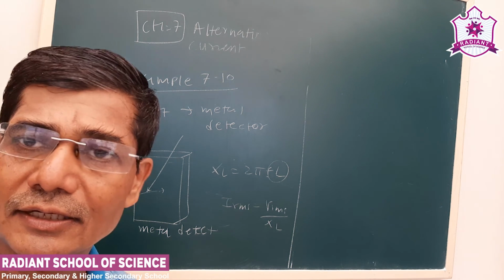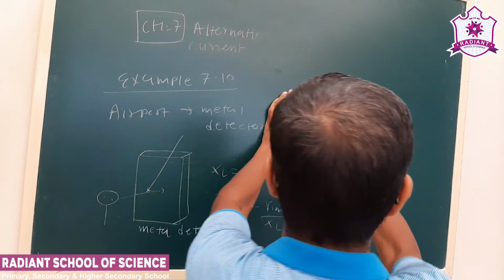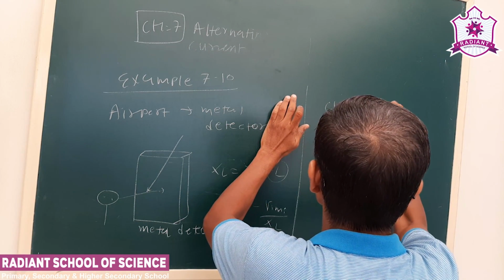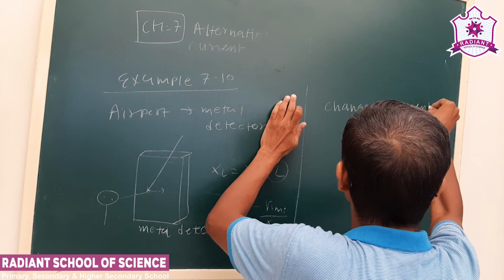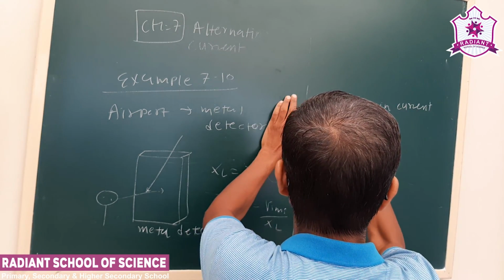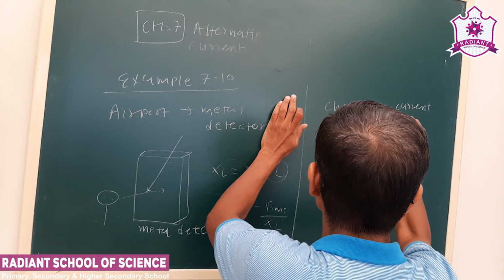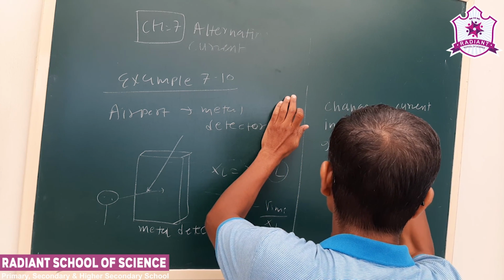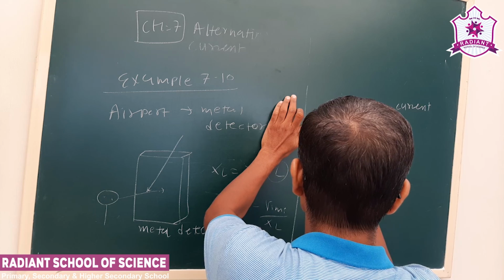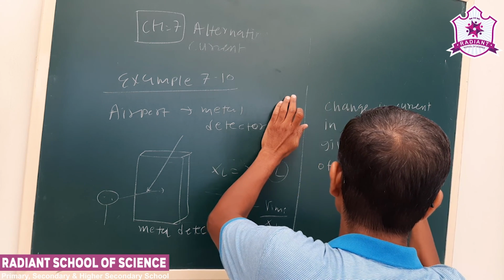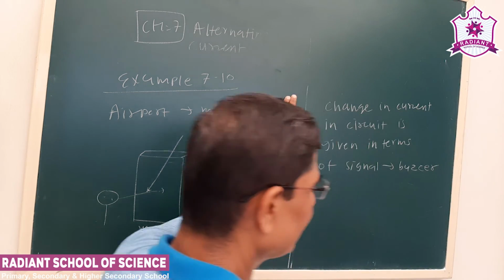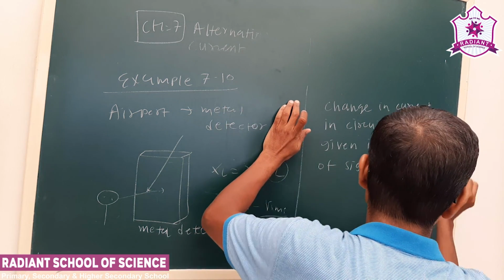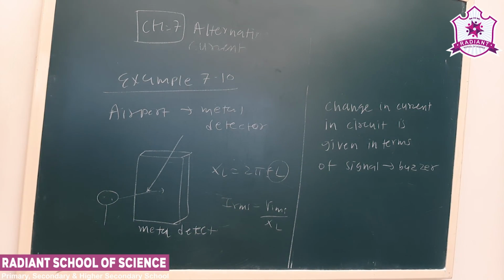Now this change in the current is given as a signal, that may be in terms of a buzzer or something like this. So this is how a metal detector works. That is nothing but our example number 7.2.